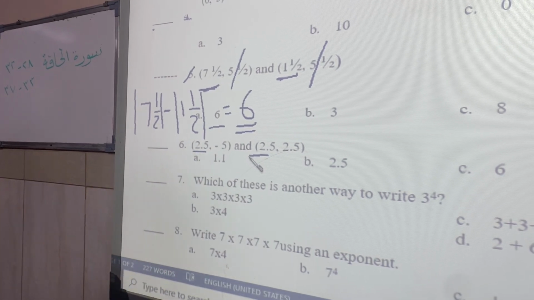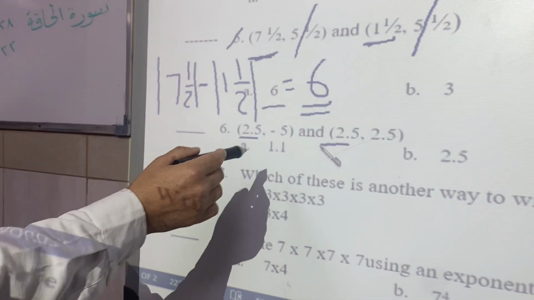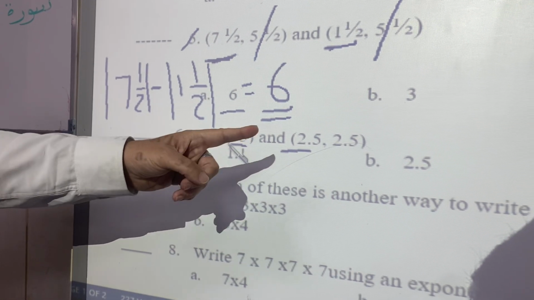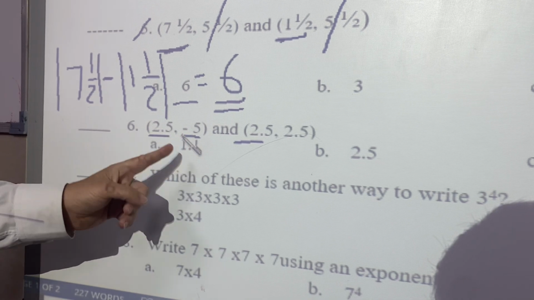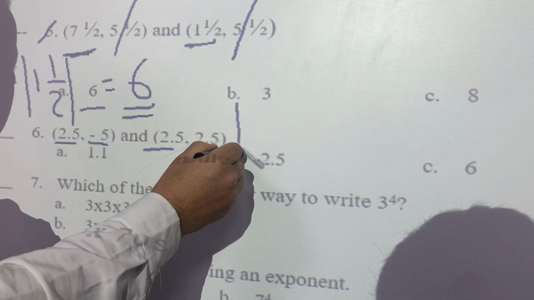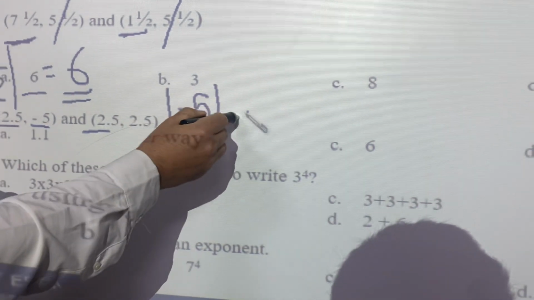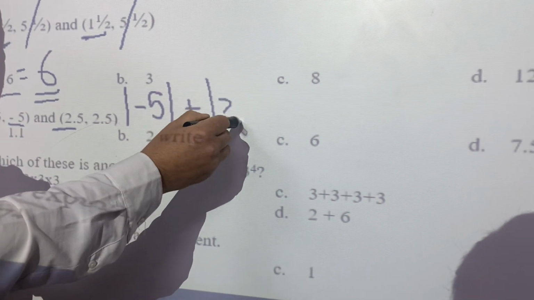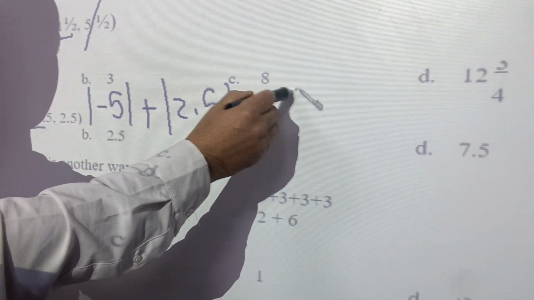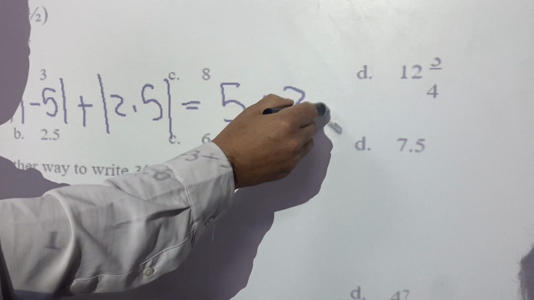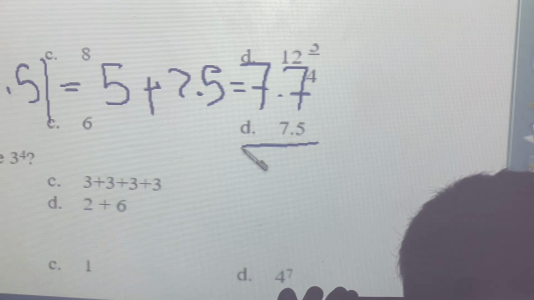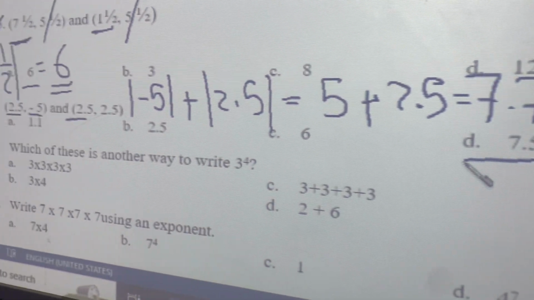I focus on the y coordinates, negative 5 and 2.5. They have different signs, so I add. I don't add them, I add their absolute values. The absolute value of negative 5 plus the absolute value of 2.5 equals 5 plus 2.5 equals 7.5. So the answer is 7.5.